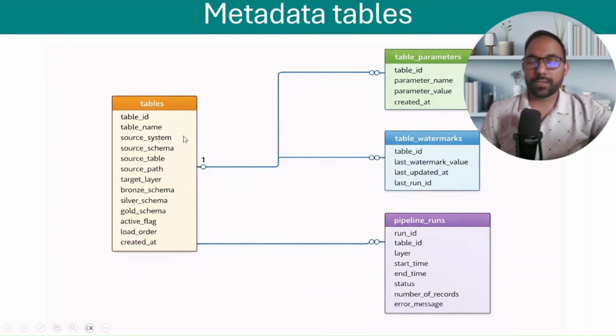These will be the basic information related to each and every table, like the 6 tables we have for silver, and then 4 tables we will be building in gold. So for each of the tables it will have one row in this particular table.